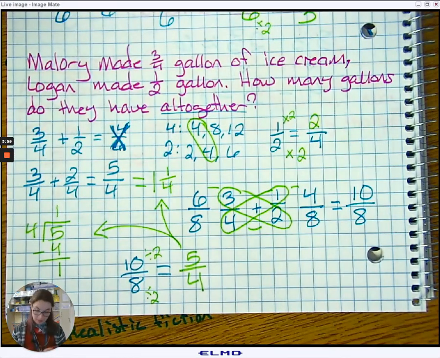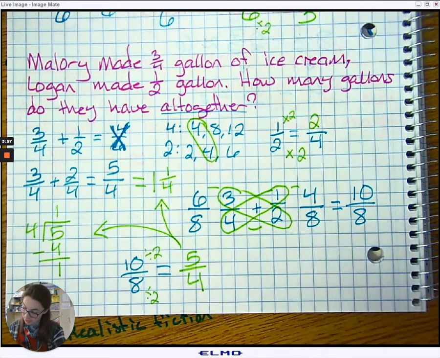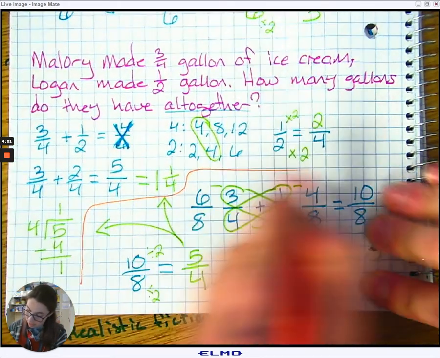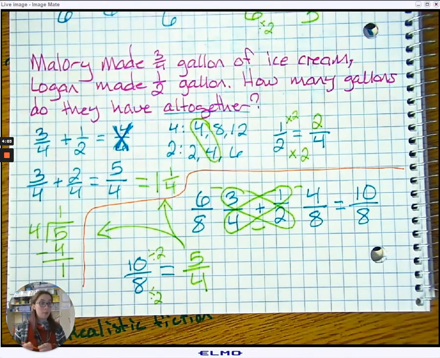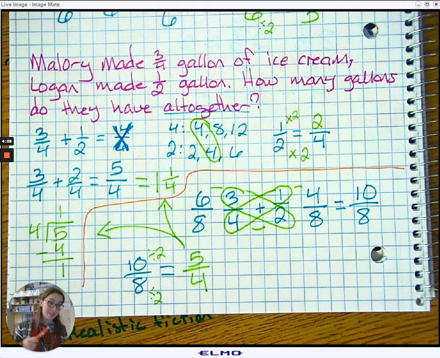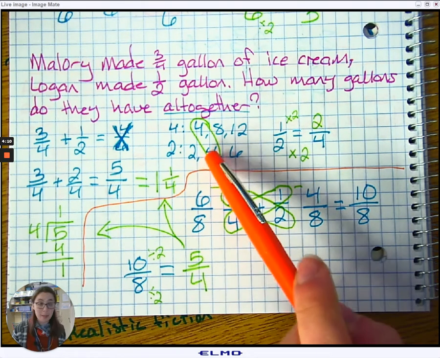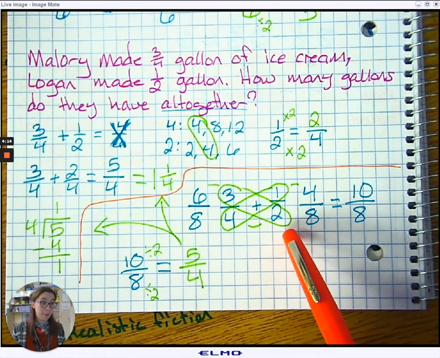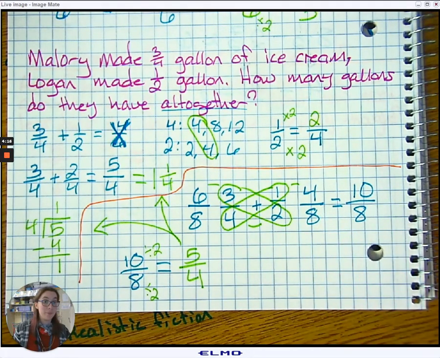And those are both methods. Now let me separate them here so you can see that. There. Both methods of adding fractions with unlike denominators. You can find the common denominator and convert your fractions, or you can use the butterfly method. Either way works just as well as the other.